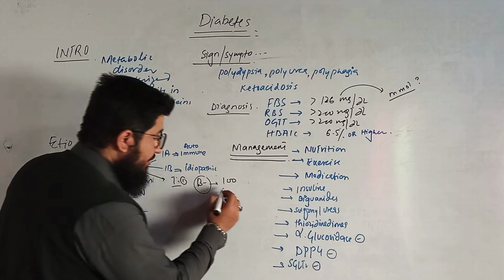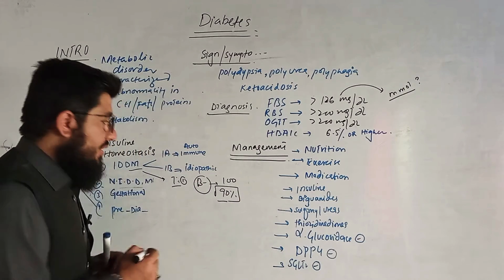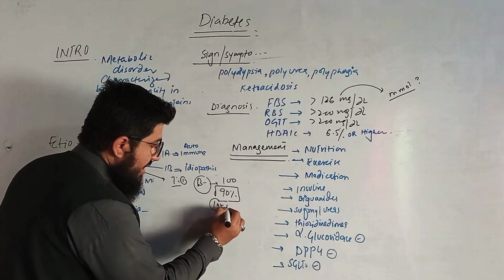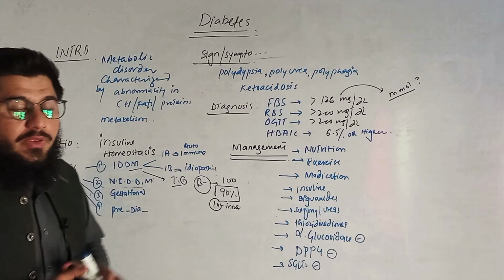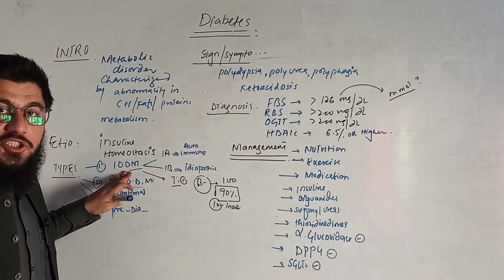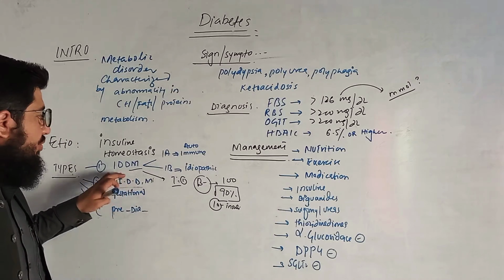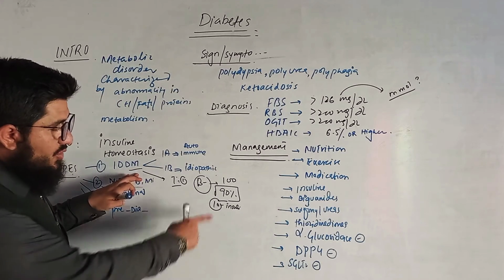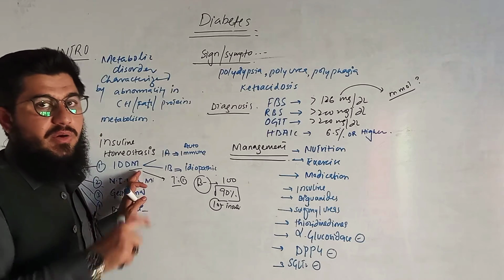Out of this 100%, 90% are destroyed, and the remaining 10% is synthesizing insulin. This 10% insulin is not sufficient to work properly in the body. So a condition is seen, diabetes, and it is called insulin dependent diabetes, because insulin is not sufficiently synthesized by the body.